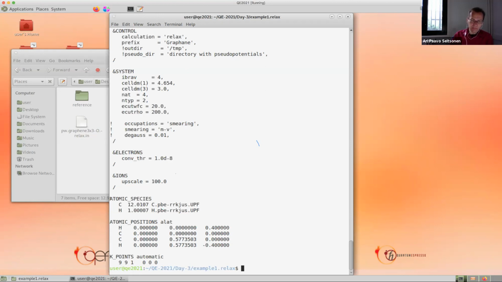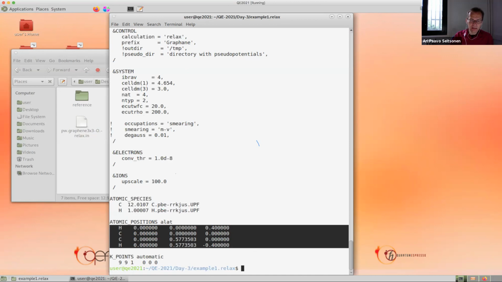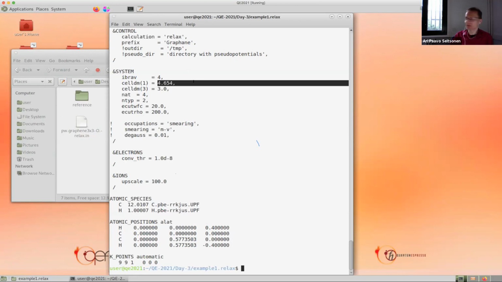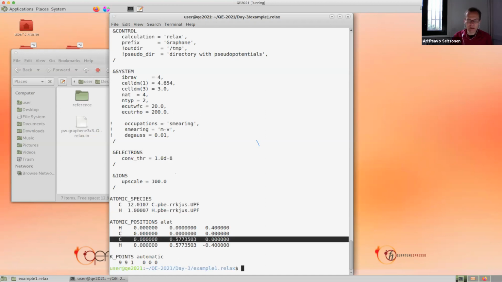Then, yeah, we have 2 kinds of atoms. We are using the ultrasoft pseudopotentials, and we have the 4 atoms in the unit cell. And we specify them not in crystal coordinates, but in alat coordinates. So all the coordinates are now in units of this value, the celldm(1). So you see that in this case, this is how you represent the honeycomb lattice of graphene. So this is the value.